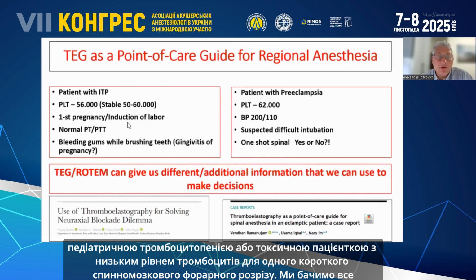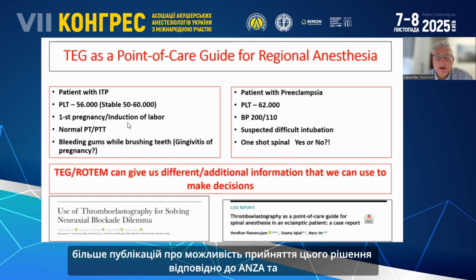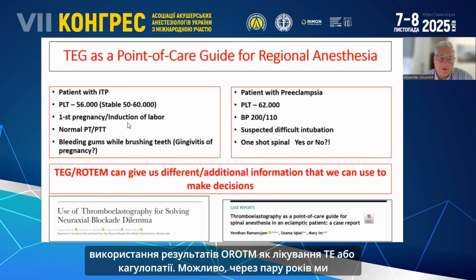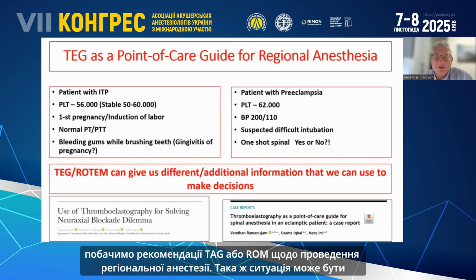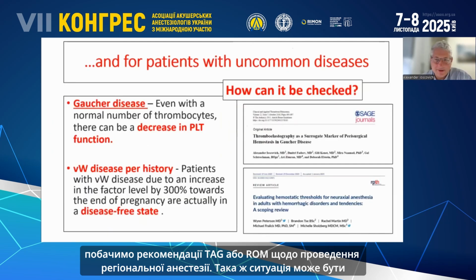We see more and more publications about the option to make this decision according to anamnesis and to TEG or ROTEM results, like TEG or ROTEM coagulopathy treatment. Maybe after a couple of years, we will see TEG or ROTEM recommendations for performing regional anesthesia.